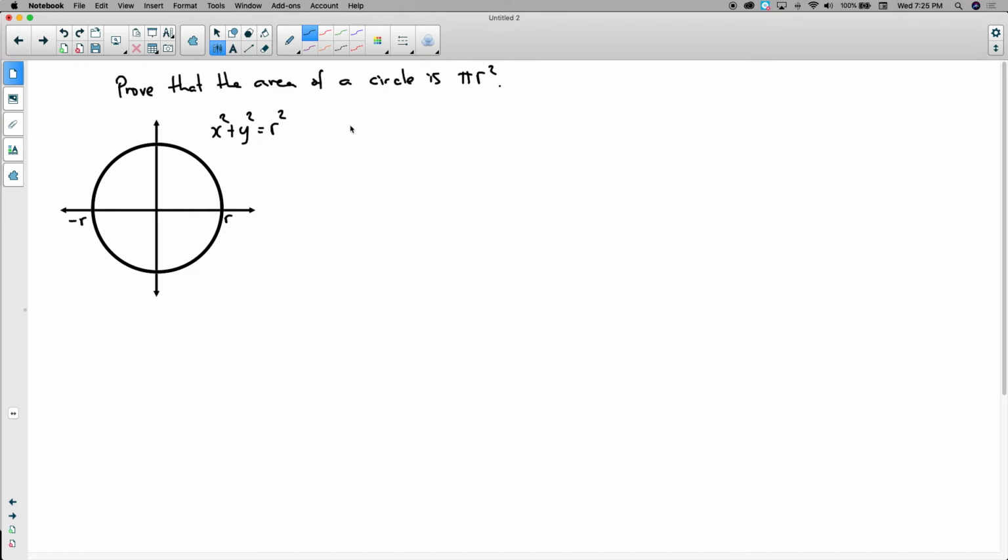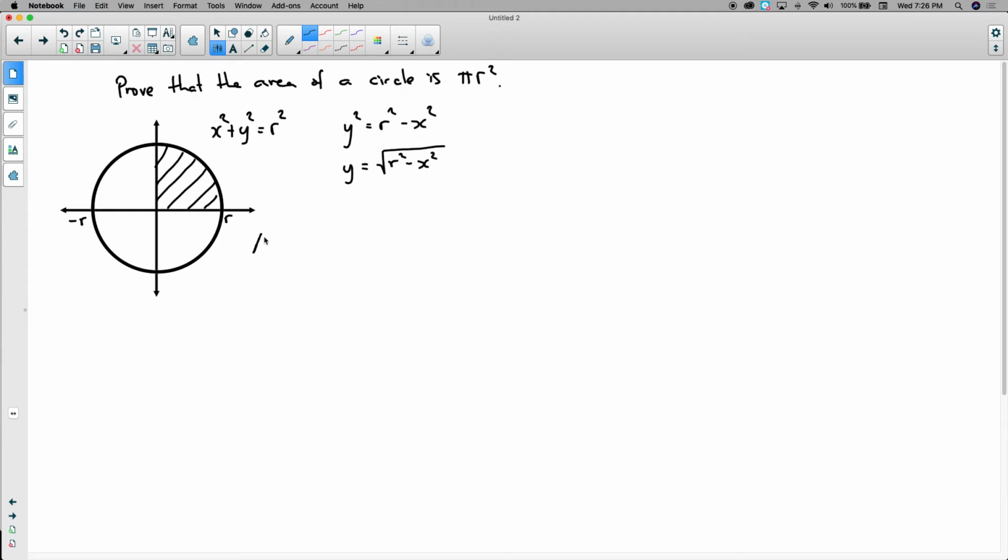Okay, so let's get this thing prepared to set up an integral. I'm going to solve for y by rooting. And we'll take a look at this area and find the area of that and multiply it by 4.